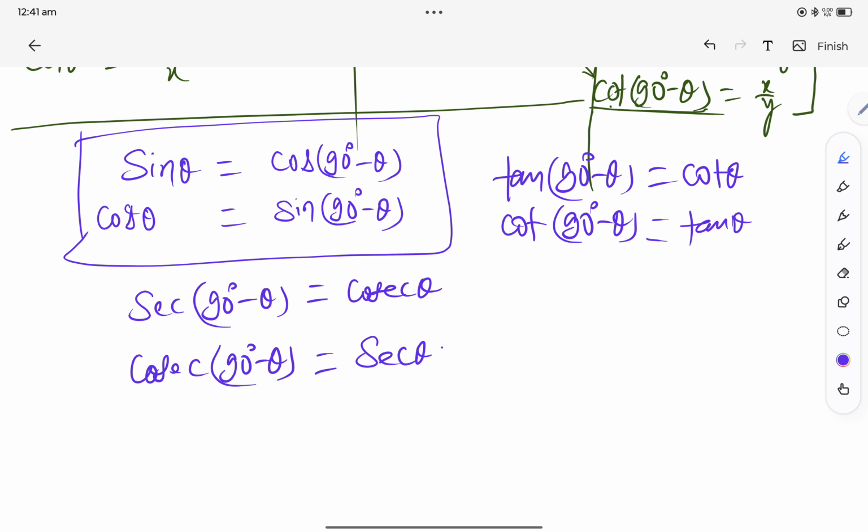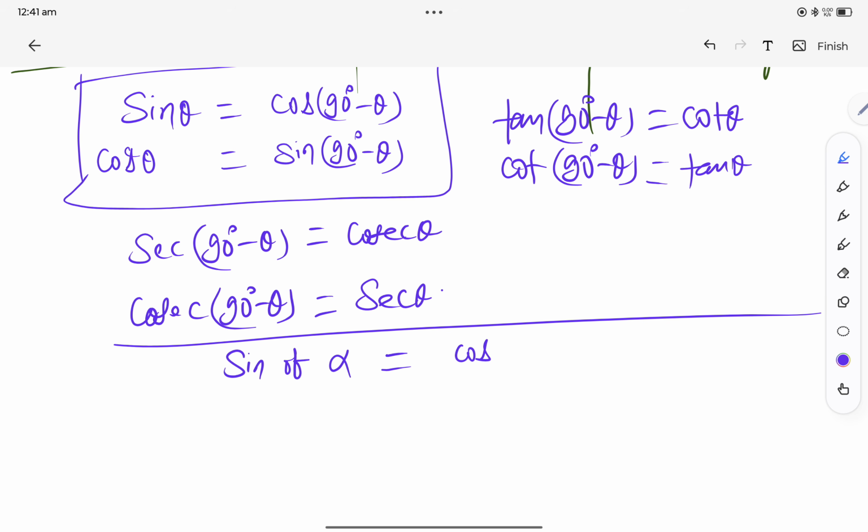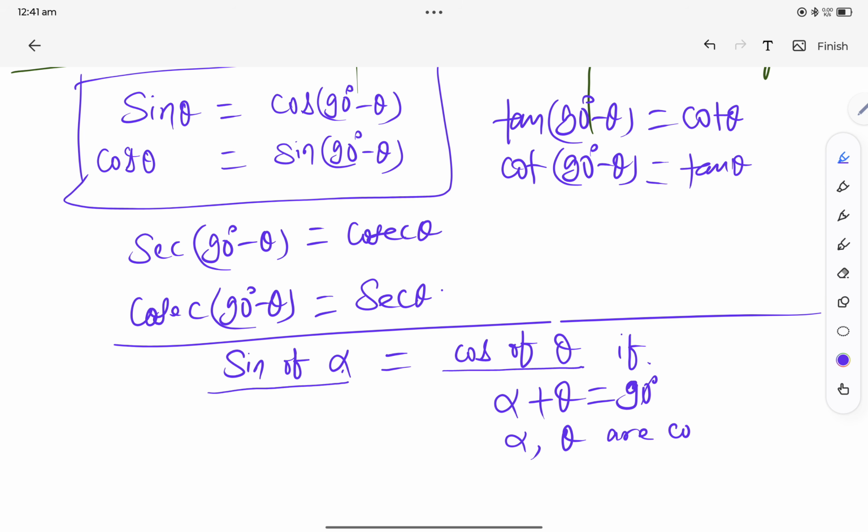So we have concluded that sin of alpha is equal to cos of theta if alpha plus theta is equal to 90 degrees, that is, alpha and theta are complementary to each other, that is, they are complementary angles.